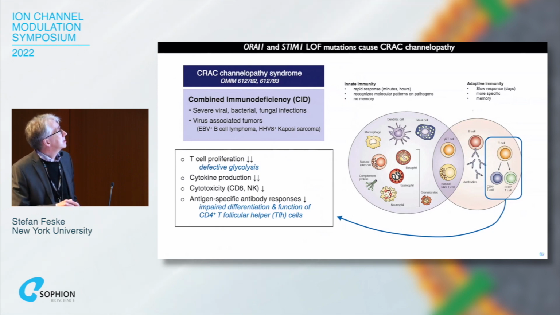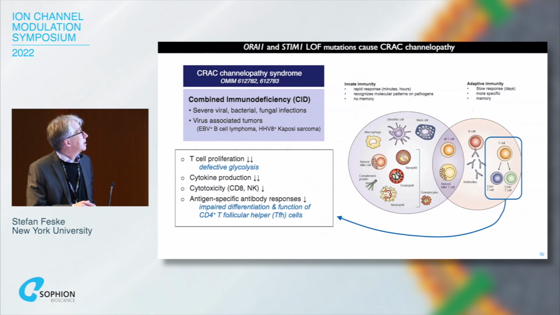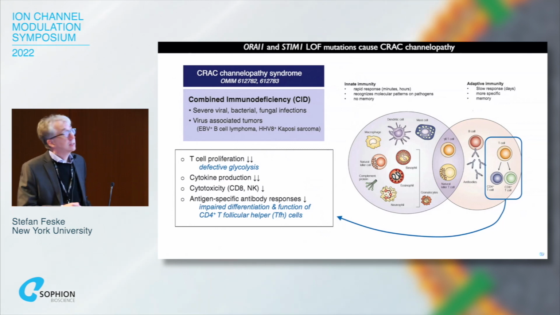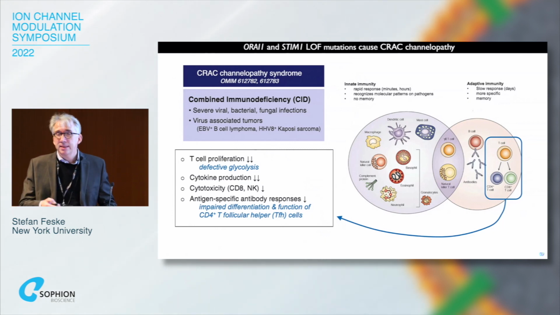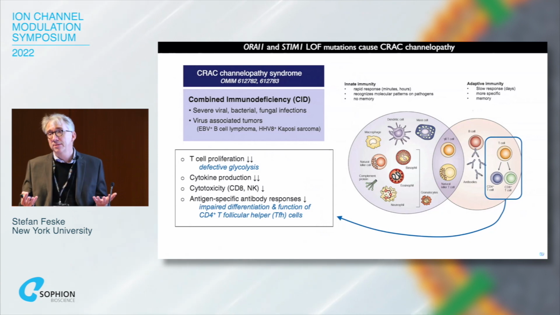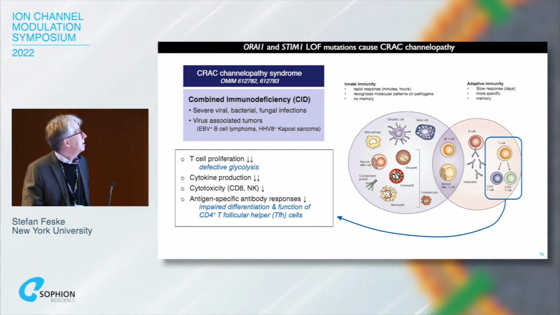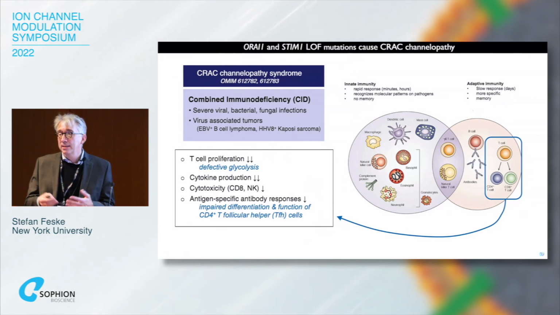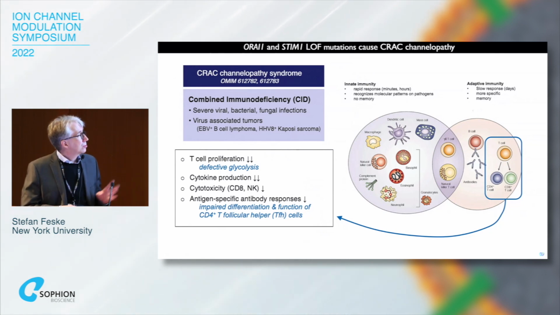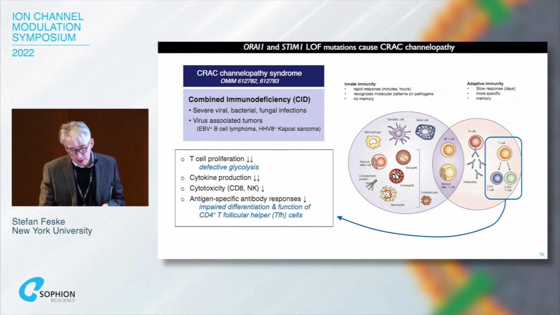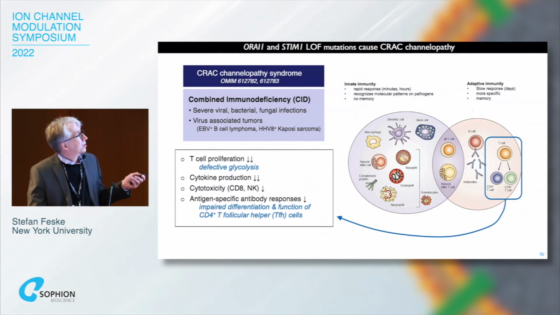And when you look at T cell functionality, you find that T cell proliferation is strongly reduced, cytokine production is reduced, cytotoxicity, basically the ability of CD8 T cells and NK cells to kill virus-infected cells or tumor cells, is reduced. And there's also a defect in the production of antigen-specific antibodies, which I'm not going to go into. This has to do with T follicular helper cells, for the immunologists in the audience, which require CRAC channels for their development.